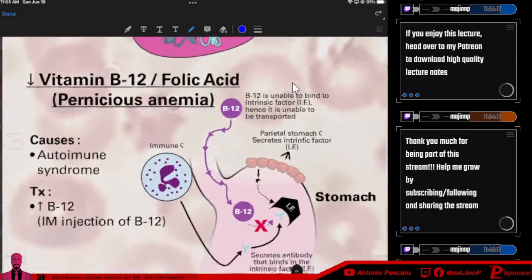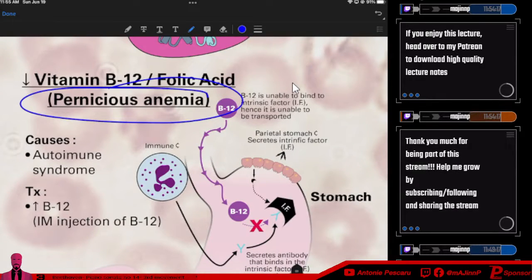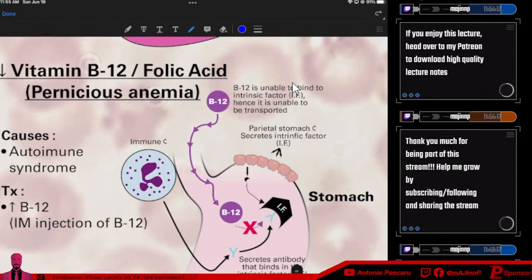This one is mostly called pernicious anemia. Pernicious anemia is the synonym of your vitamin B12 or folic acid decrease. As we saw in the erythropoiesis video, the vitamin B12 is used for the growth of that red blood cell.